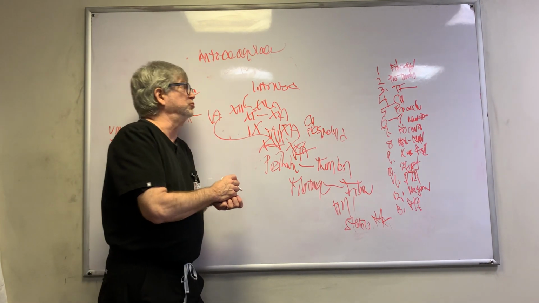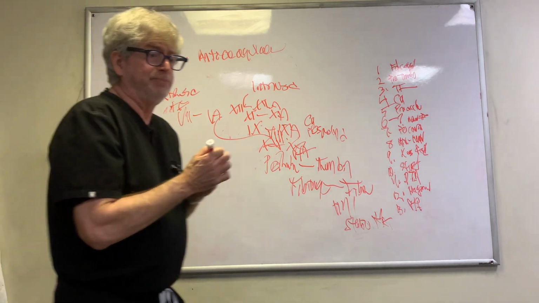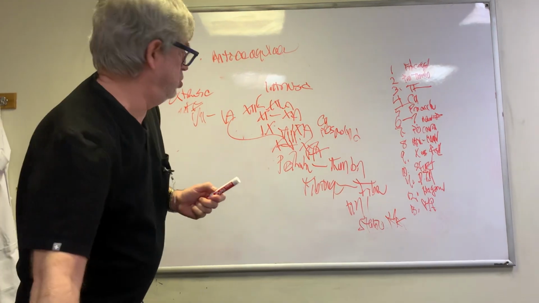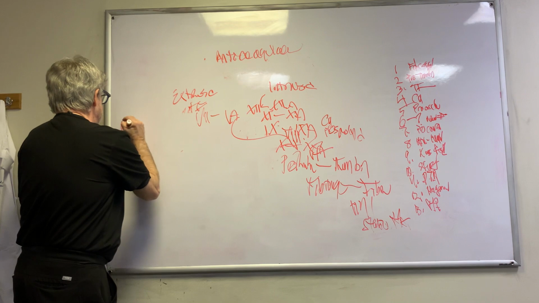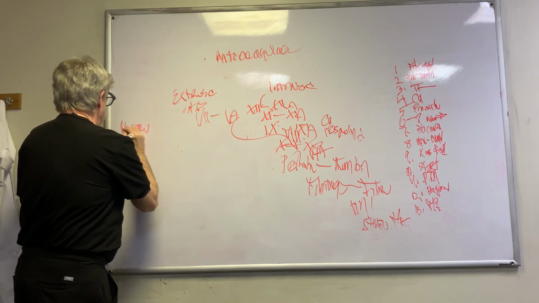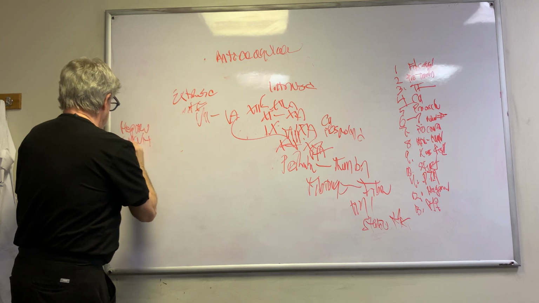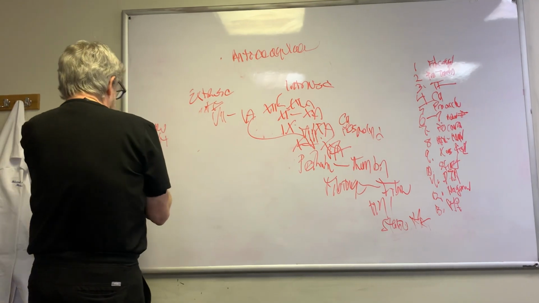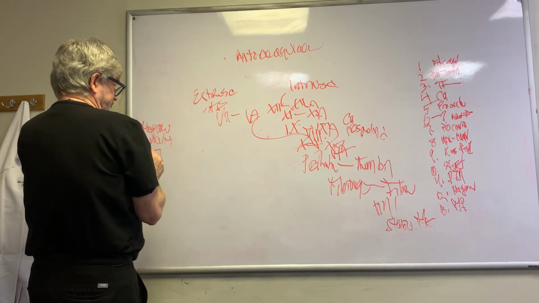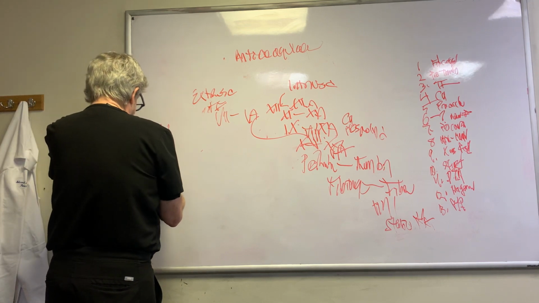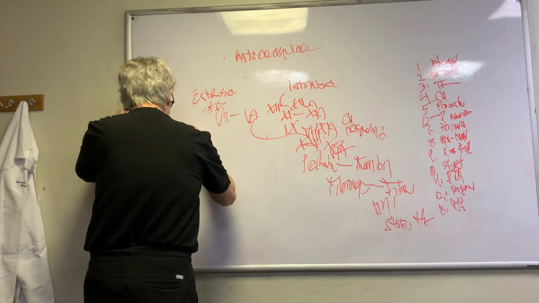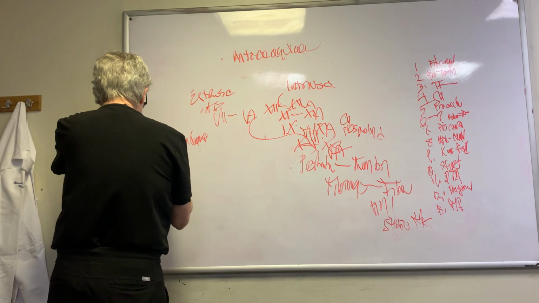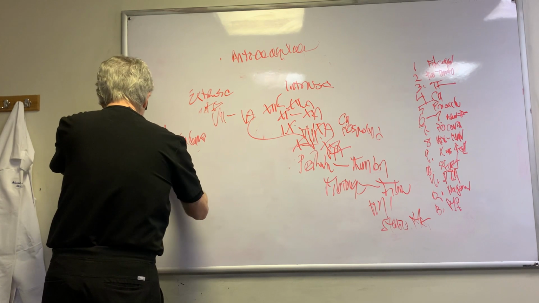interrupt these factors. And your options here that I want to describe, and this is just going to be a basics talk, you have heparin, you have low molecular weight heparins, you have direct thrombin inhibitors, and you have fondaparinux, and factor 10A inhibitors.